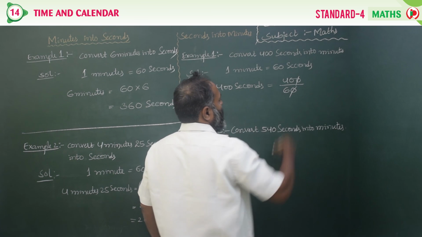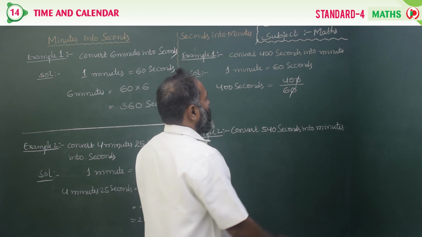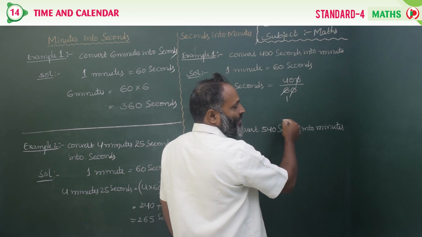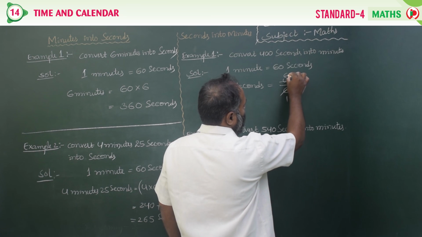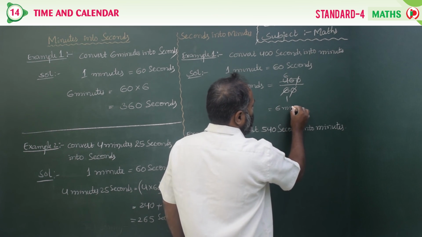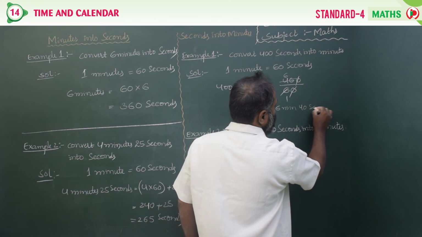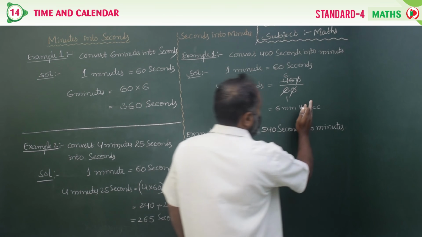Then 1 zero will get cancelled. So 6 ones are 6, 6 sixes are 36, 4 left. So 4 left means 6 minutes, and 4 left means 40 seconds. So 6 minutes 4 seconds, not 40.